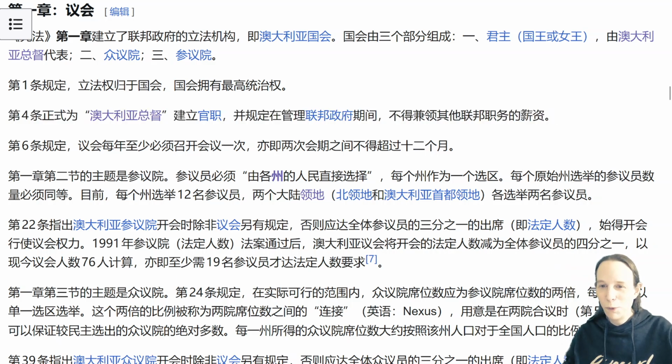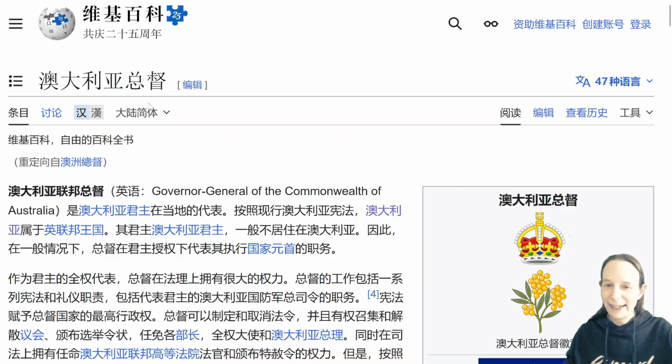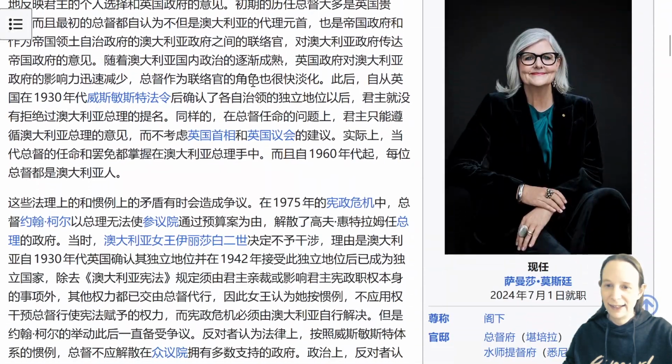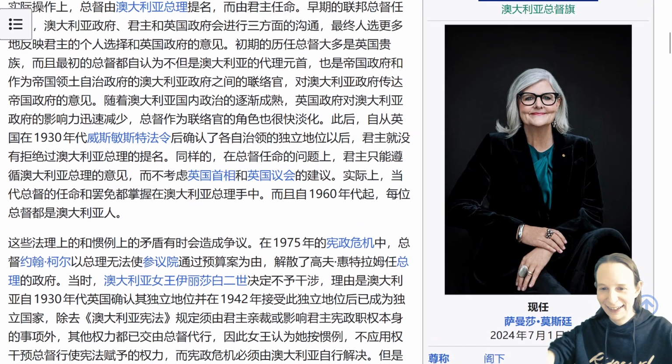But you're only allowed one salary. You're not allowed a second salary as a high-level government official, the federal government. So during their time managing the federal government, yeah, 建立官职. I don't know. Or is this the name of the office? This is our Governor General, is it?